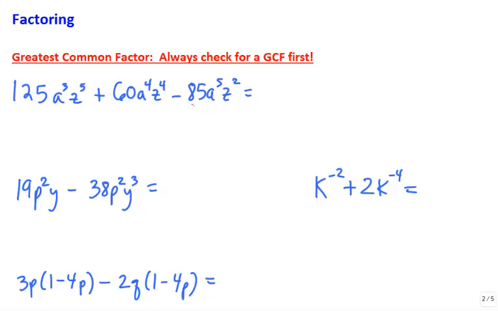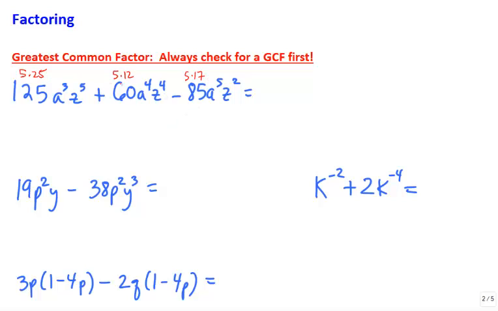First of all, let's start with the constants, the coefficients. Now, 125, 60, and 85, all three of those end in either a 5 or a 0, and so at the very minimum I know that they're all divisible by 5. So 125 is the same as 5 times 25. 60 is 5 times 12, and you can use a calculator for this if you're not sure, but 85 divided by 5 is 17, so 5 times 17 would give us 85.